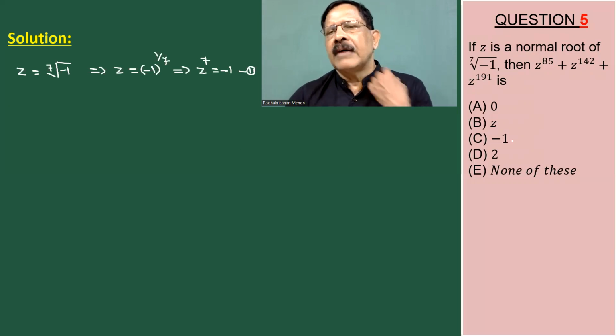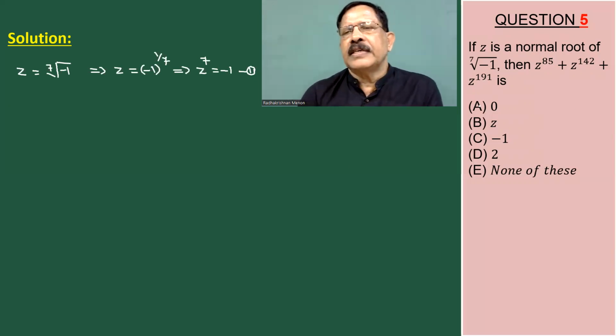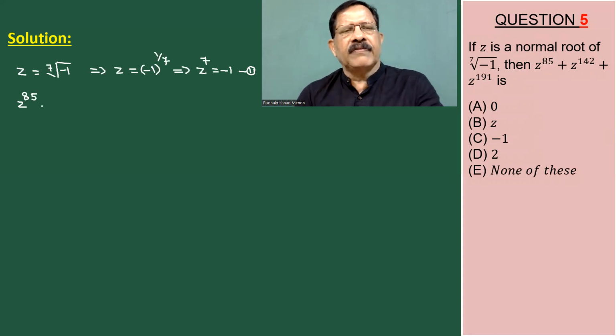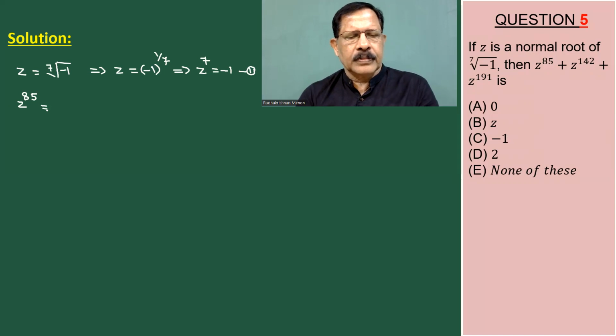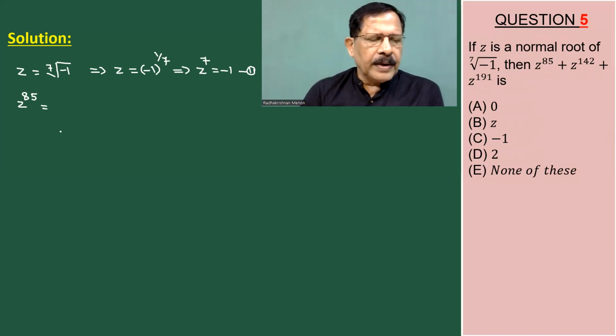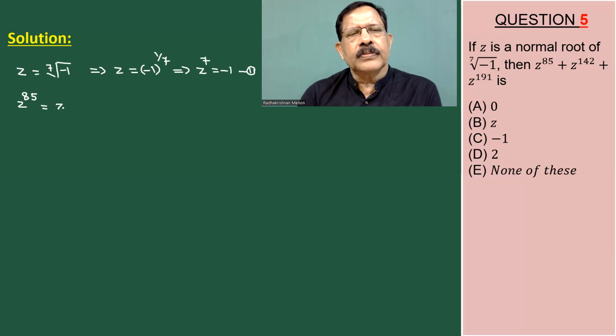Now, we have to find out the sum of Z raised to 85, Z raised to 142, and Z raised to 191. Okay, so Z raised to 85 is simplified. Z raised to 85 is equal to Z raised to 84 into Z. I am separating multiples of 7 from that.